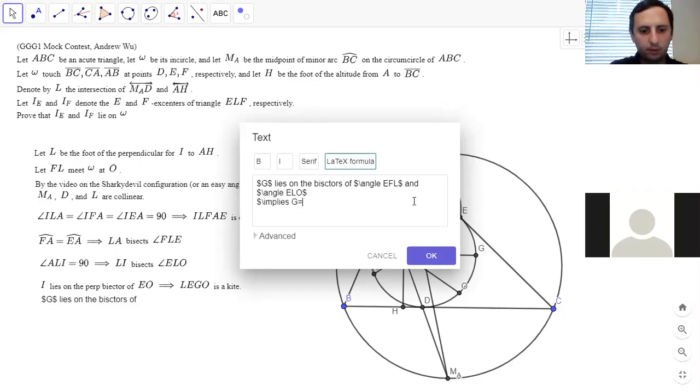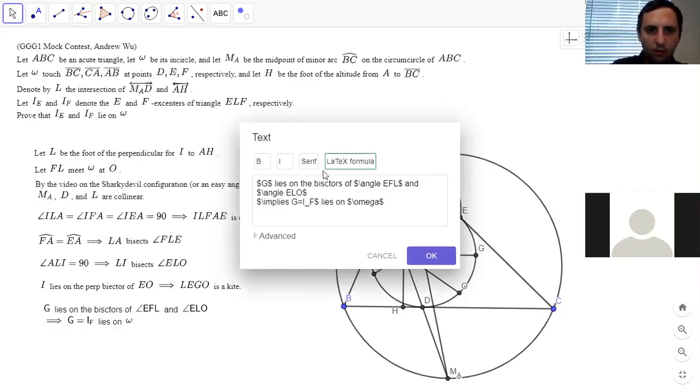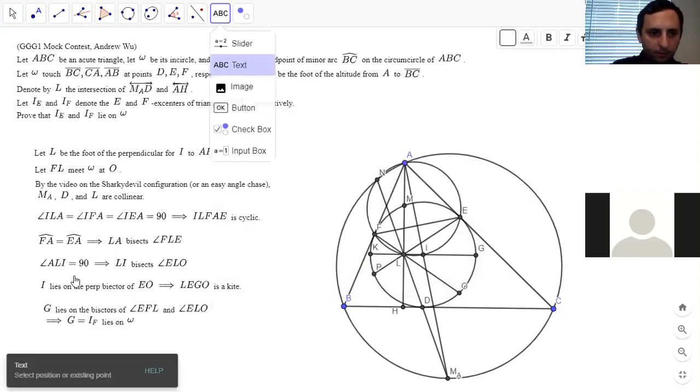G equals IF lies on omega, and then similarly IE lies on omega. All right, I'm going to move on to the next one.